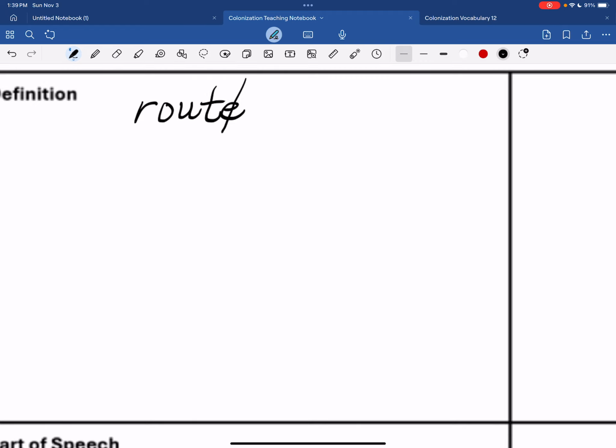They're functioning as 1 vowel. And this can be pronounced as route, or you can pronounce it as route. Route or route.